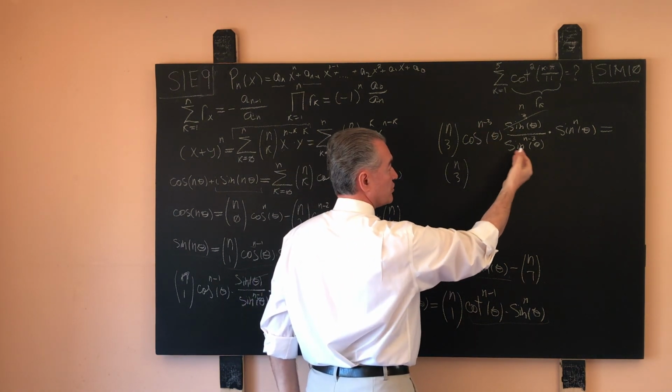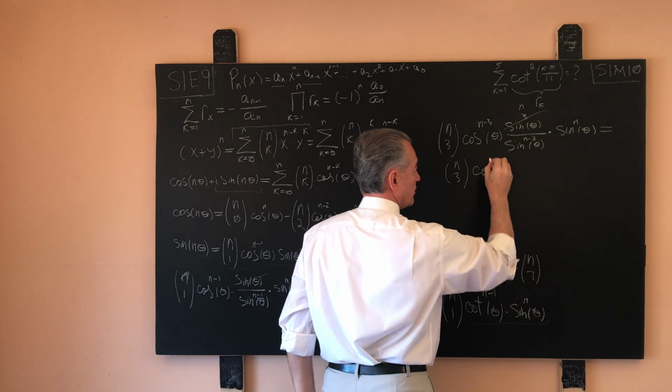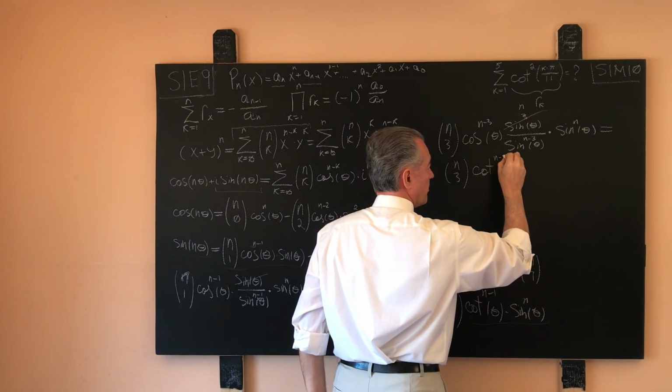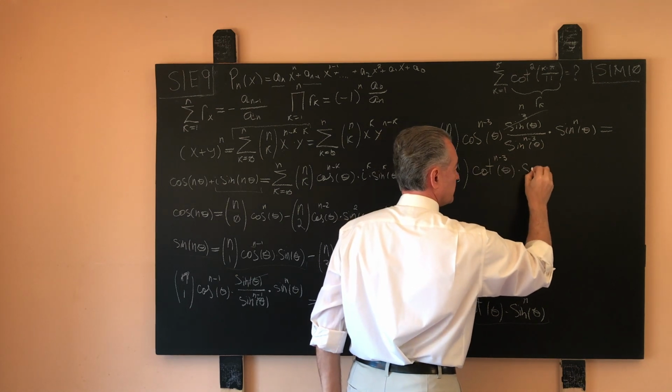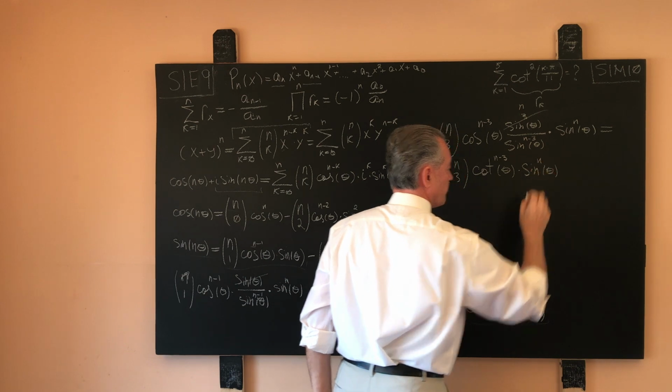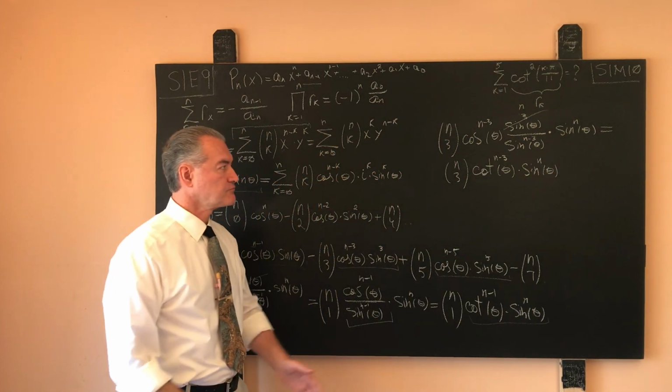Cosine over sine will give us cotangent of the angle theta to the power n minus 3 times sine of the angle theta raised to the power of n.